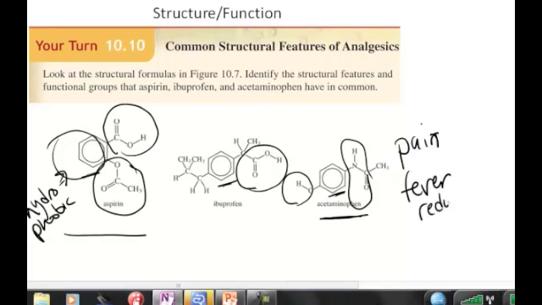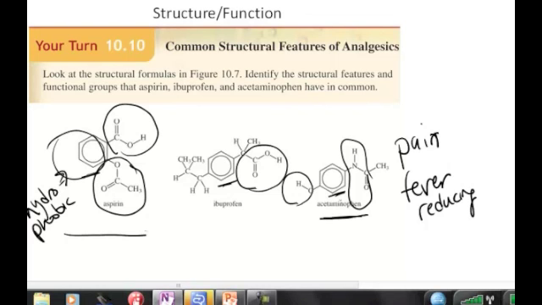So it's affecting some of the COX enzymes, but to a lesser degree than the aspirin. And the other thing about it is it's not an anticoagulant. It doesn't reduce the clotting ability of blood. Whereas the aspirin also reduces the clotting ability of blood, acetaminophen doesn't.